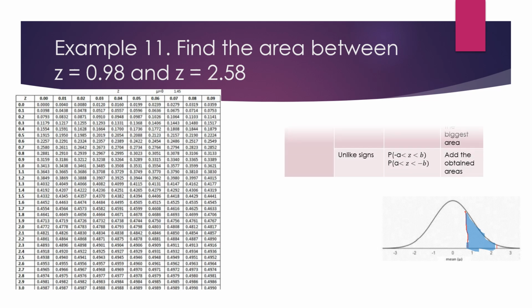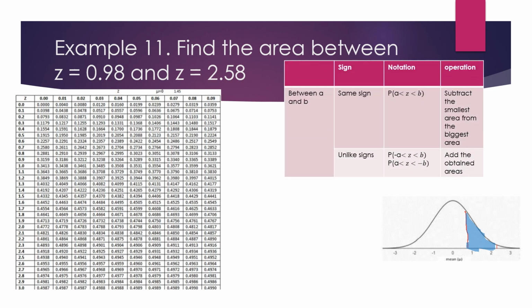Of course, we will find the area of z equals 2.58. Let us locate 2.5. And then for the hundredths digit, we have 0.08.